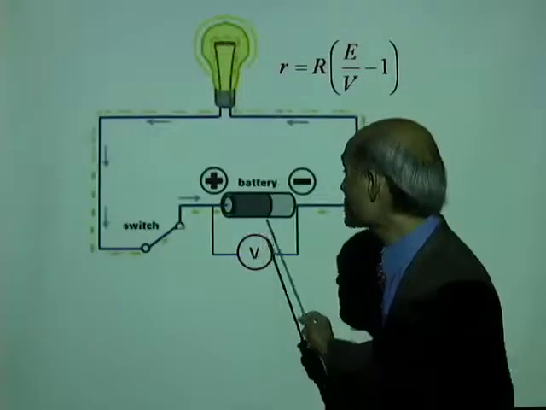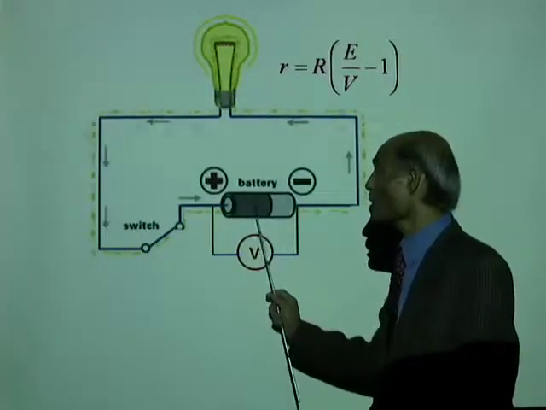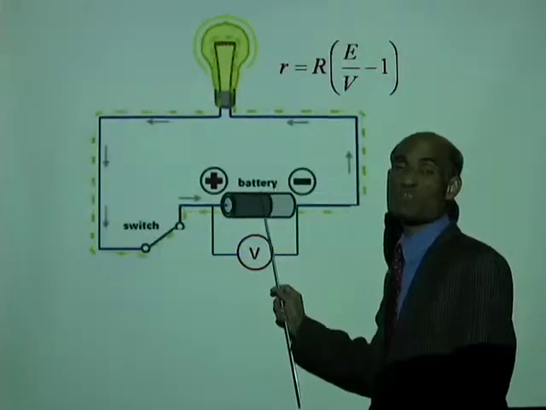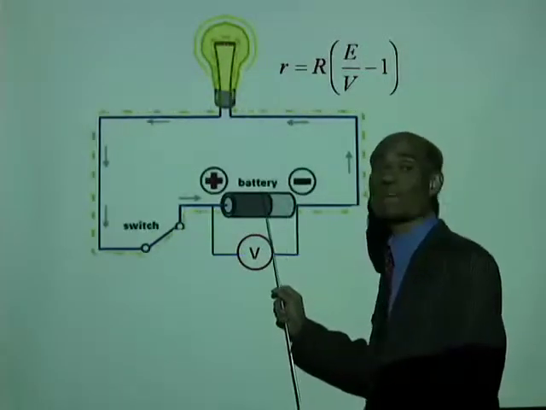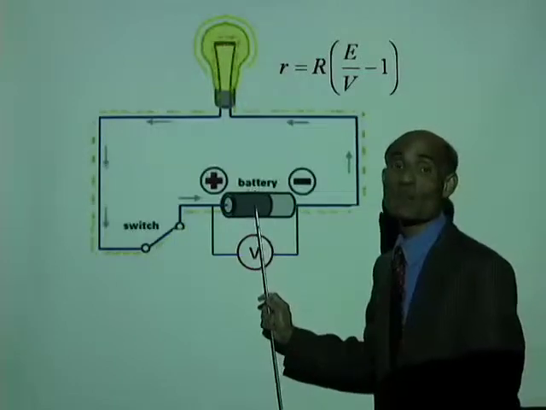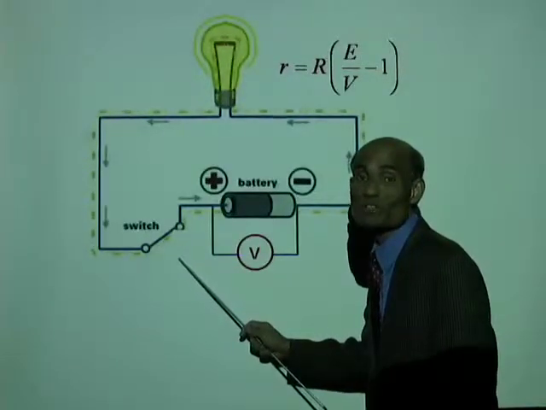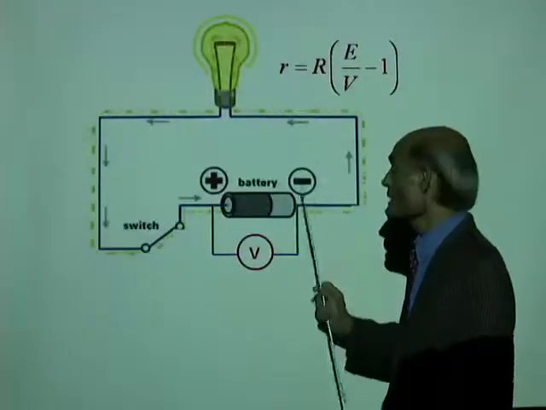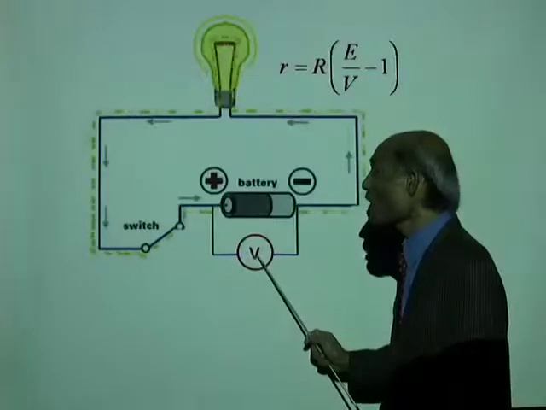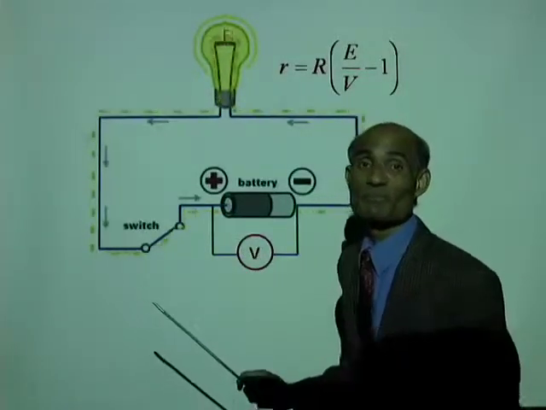We can measure the internal resistance of this cell. Well, although it is written here as the battery, the internal resistance of this cell can be measured. Now watch, this is a switch. If you open the switch, then the external resistor is excluded. The reading of the voltmeter then will be the EMF.